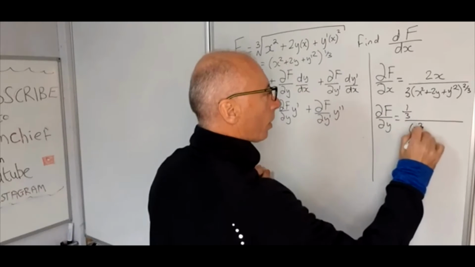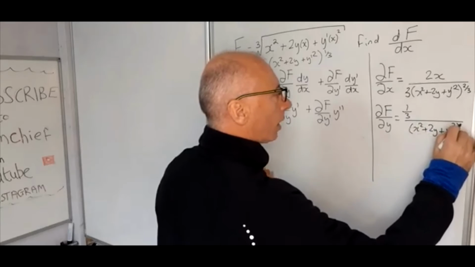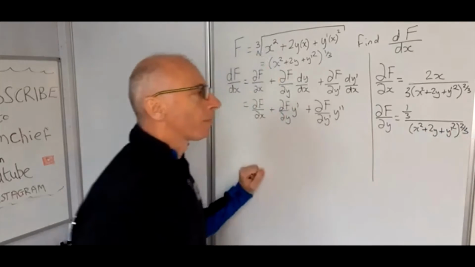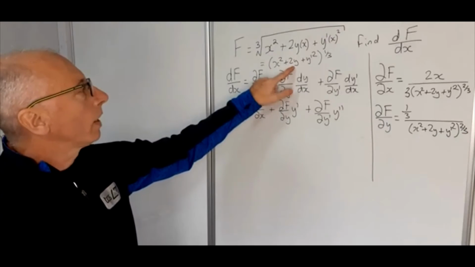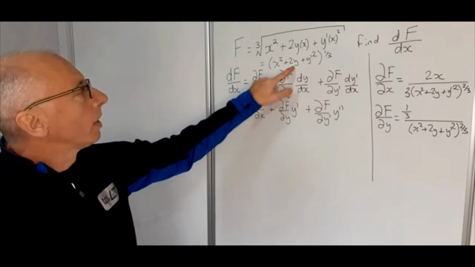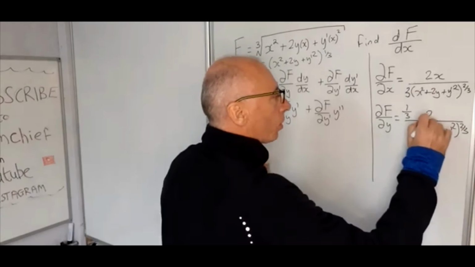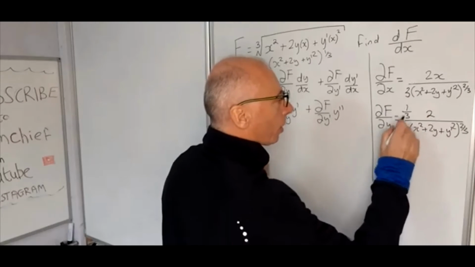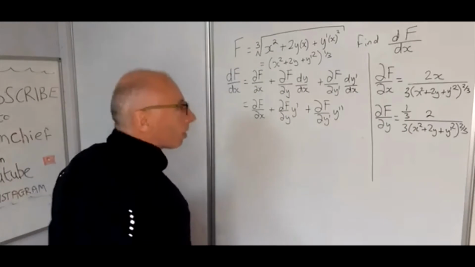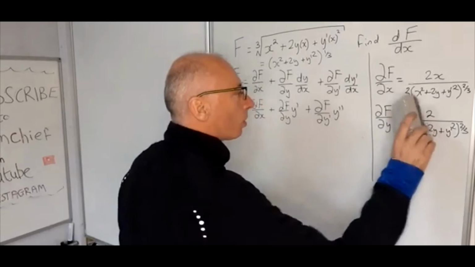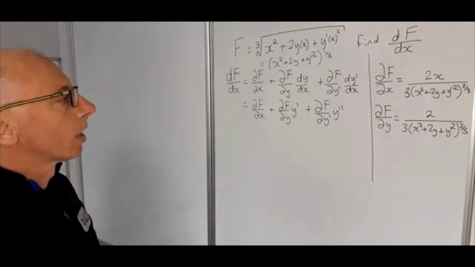So that's x squared plus 2y plus y prime squared to the power of 2/3. And then we multiply by the derivative of 2y with respect to y, so that would just become 2. So if we put the 2 there, and then this third, we'll bring the 3 down in the bottom. Cross out this third. 2 times 1 is just 2. So that will then give us our partial with respect to y.